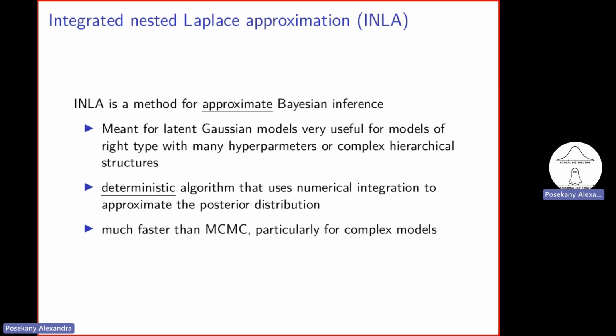What makes it cool is that because it's deterministic and only doing numerical integration, it's much faster than these MCMC algorithm schemes, which have to do thousands and thousands of samples in order to give you some idea of the structure of the posterior distribution. So this is fast. However, it works only for everything that is latent Gaussian in its structure, which at least is the case for all regression problems.